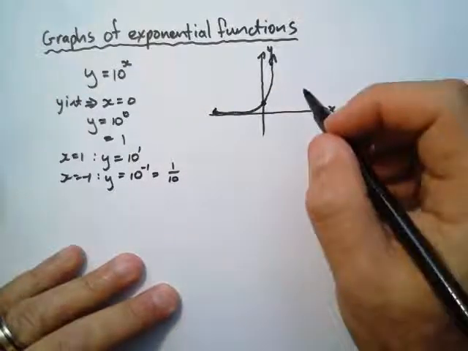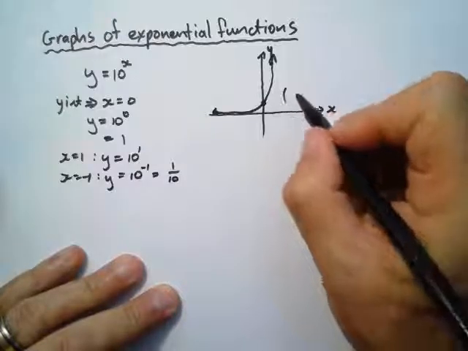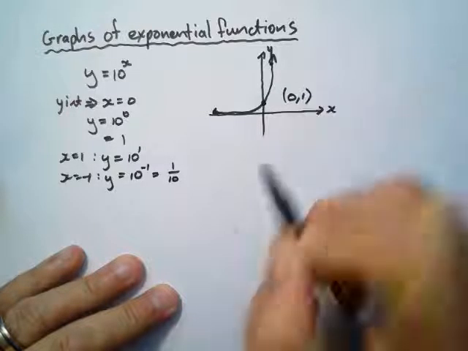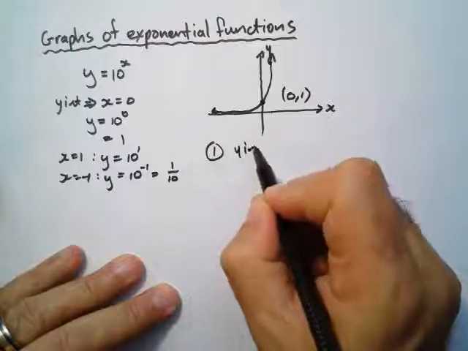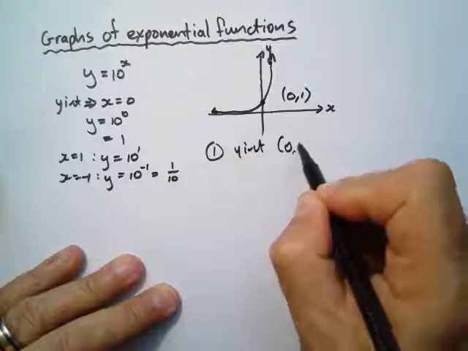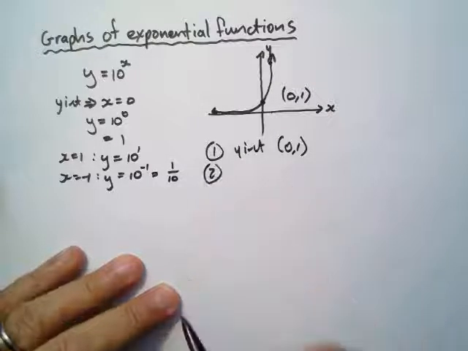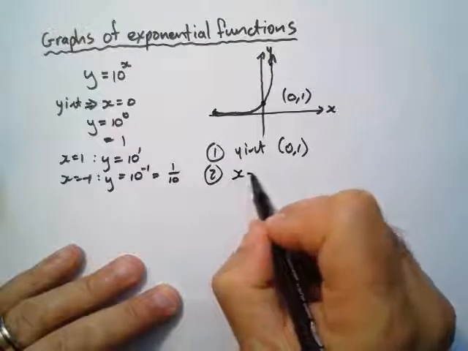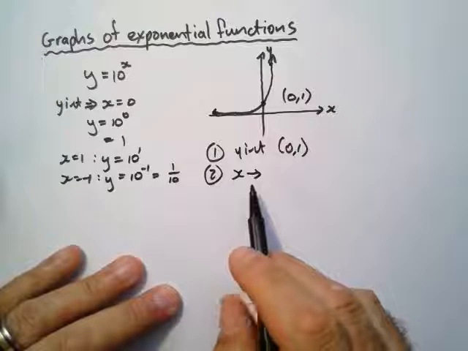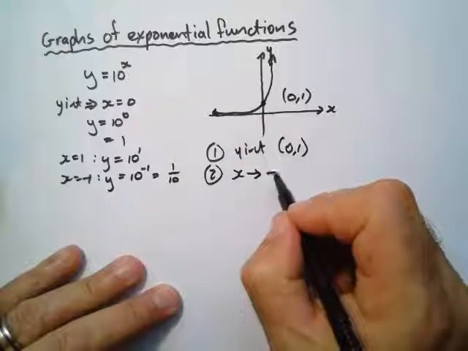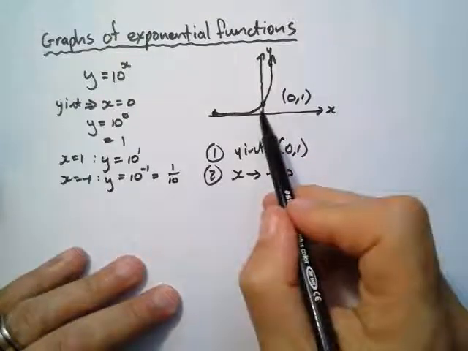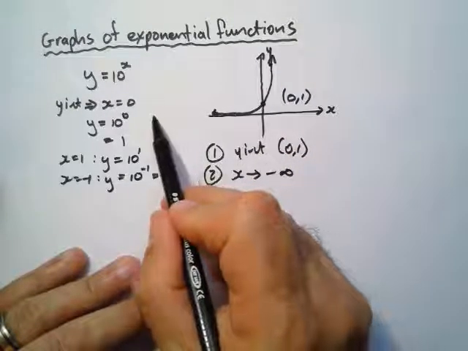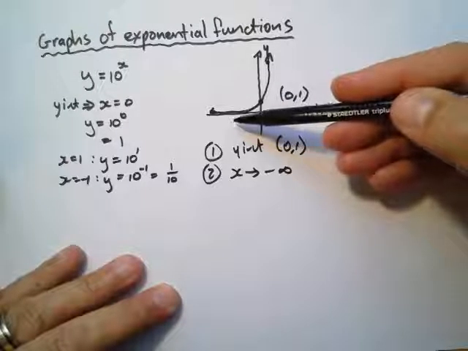What we can see, three things. First of all, my y-intercept is 0, 1. That's the first important thing. The second thing I can see is, as x approaches negative infinity, what happens with y? Well, I'm going to get closer and closer to 0.